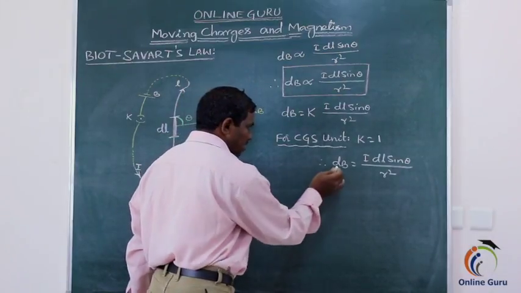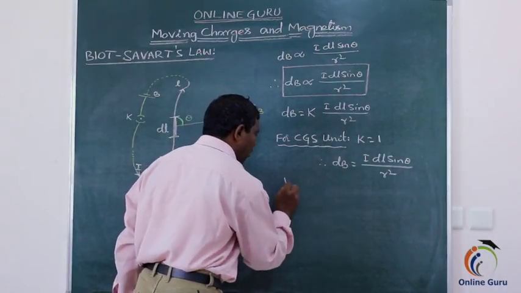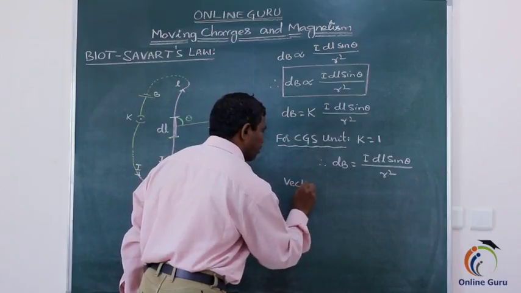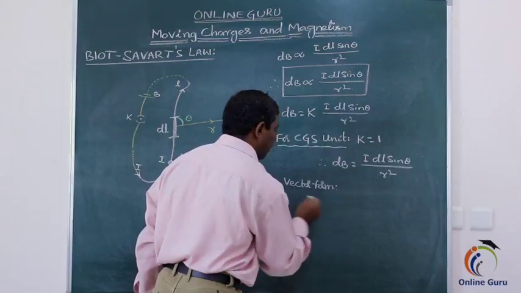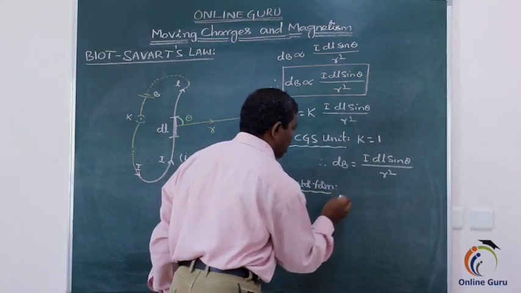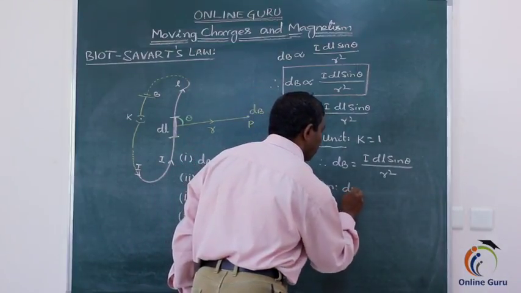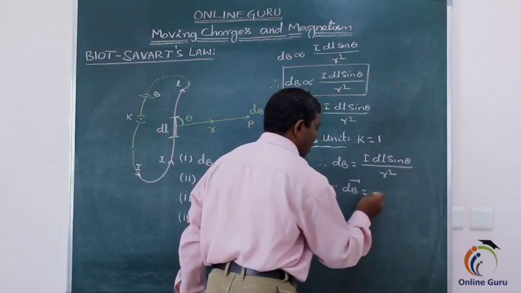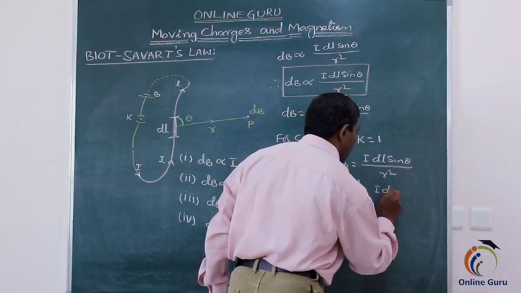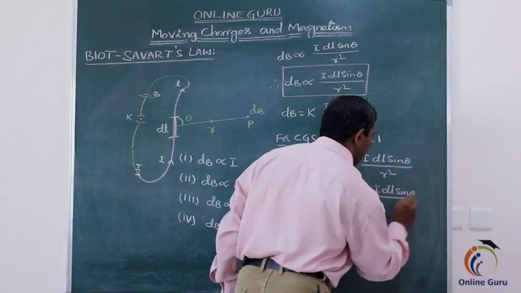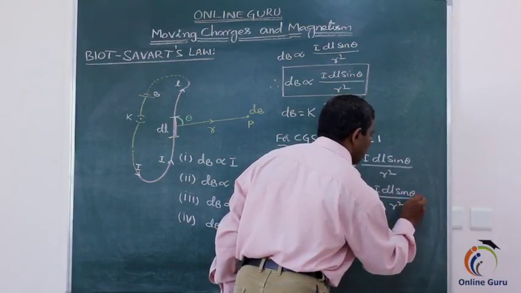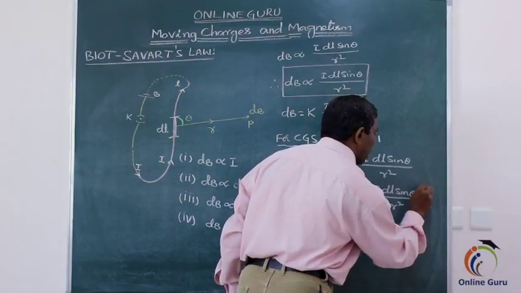Then we can express this equation in vector form. The vector form is dB bar is equal to I dl sin theta divided by r square into r cap.